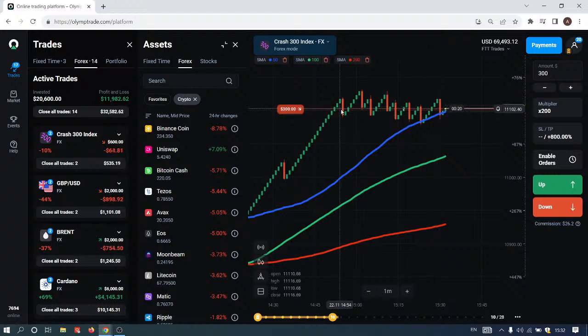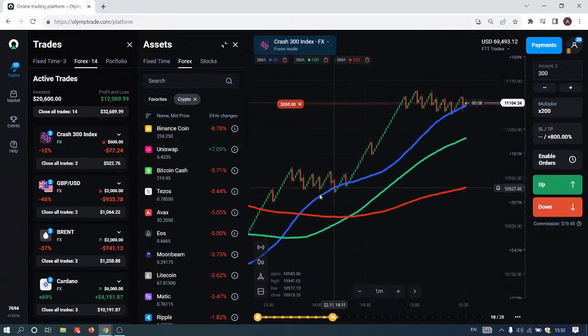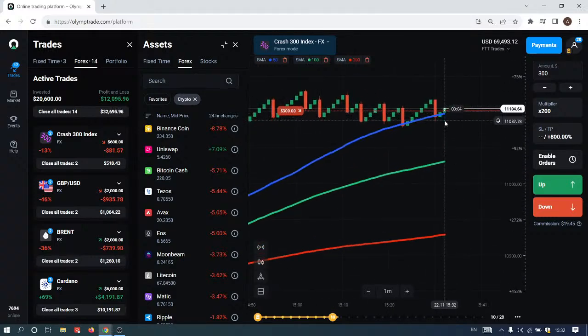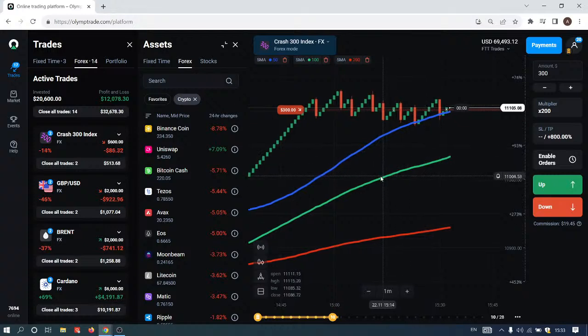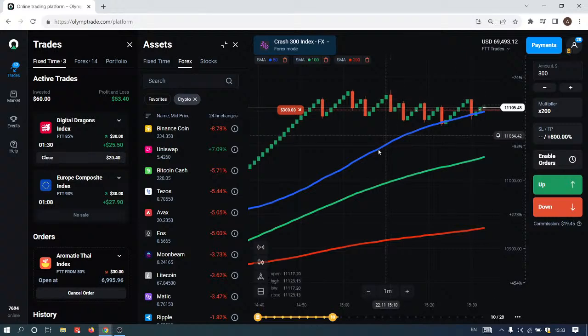Usually there's one red candlestick, and then there are three, five, six, ten, eleven, so more than one green candlestick, and their strategy is based upon this notion.